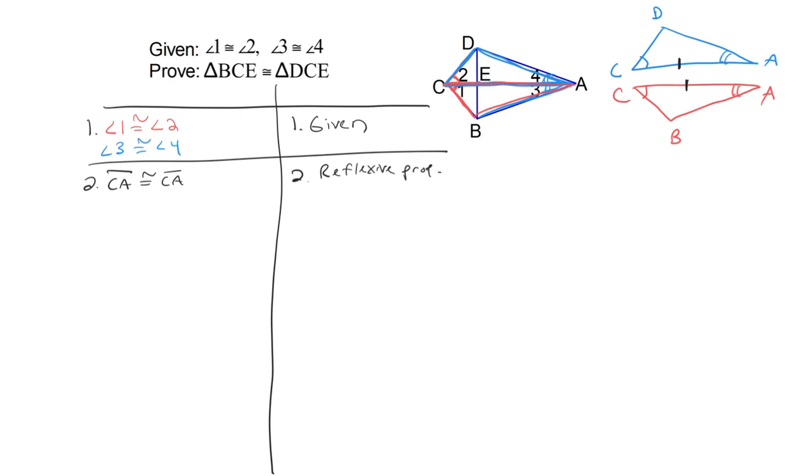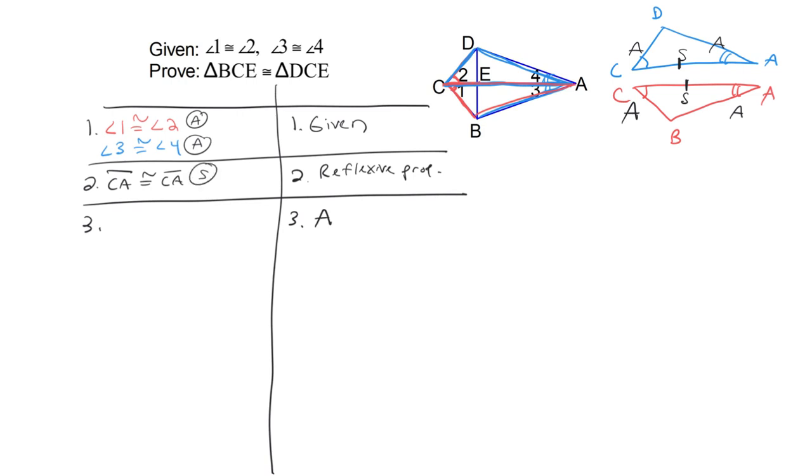Now, when I do that, I can prove that those 2 big triangles are congruent using angle, side, angle, right? The side is marked off between the 2 angles we have. You can see we had 2 angles and a side in our proof. So we are all taken care of. We're using angle, side, angle.